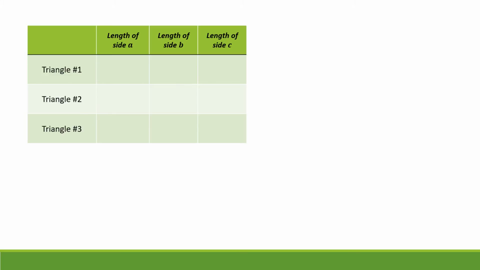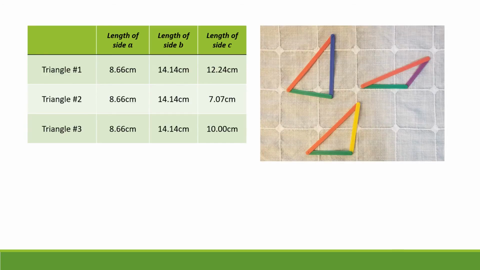To test it out, I constructed three other triangles, one with red, one with green, and I filled out the entry to see if this hypothesis is true. So I have green measuring 8.66 centimeters, I have red measuring 14.14 centimeters, and some other size measuring 12.24, 7.07, or 10 centimeters.